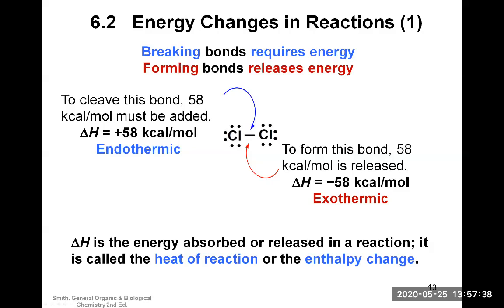So notice how it's the same number, but the delta H this time is negative because this is released to the outside. It's exothermic. Energy is released to the outside, exiting the system. And the system here was the two chlorine atoms that we are binding together. And when we're binding them, energy is released.